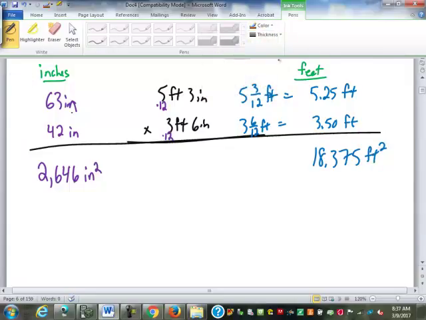So 5 foot 3 inches times 3 foot 6 inches is either 2,646 square inches or 18.375 square feet. Or 18 3/8, yeah, that would be fine as well.